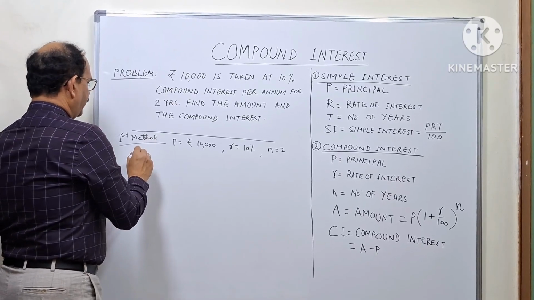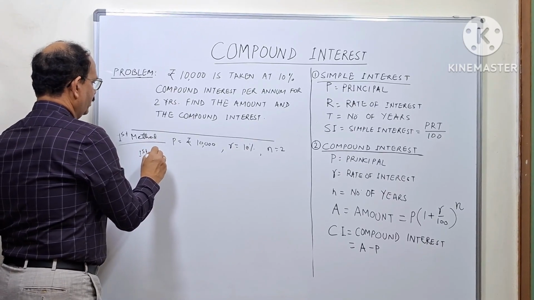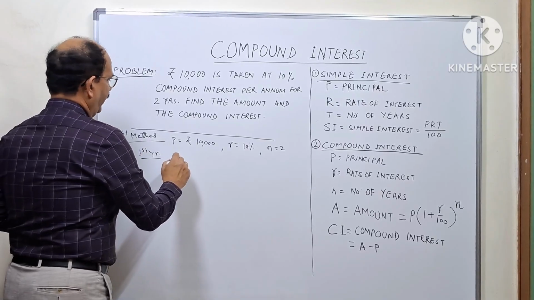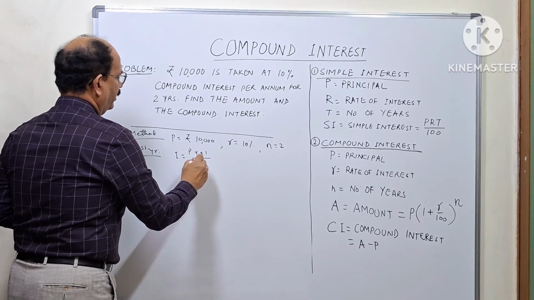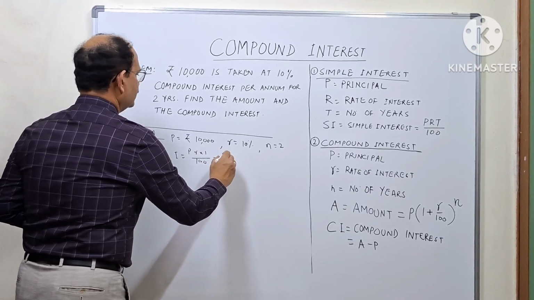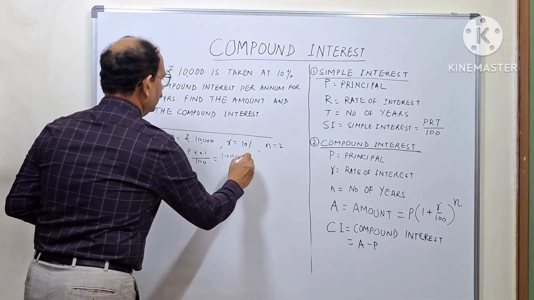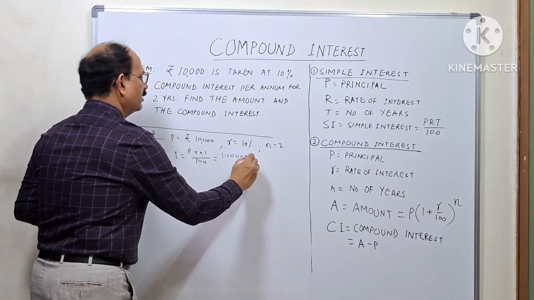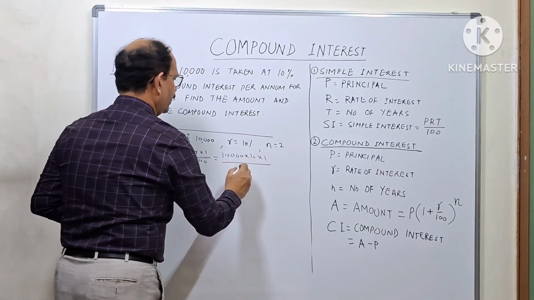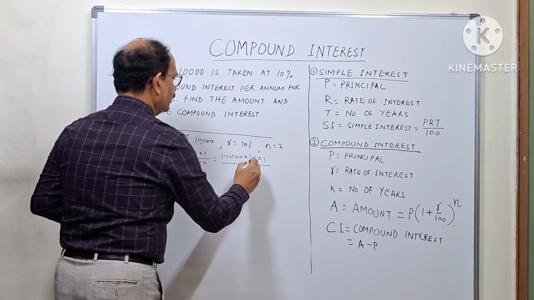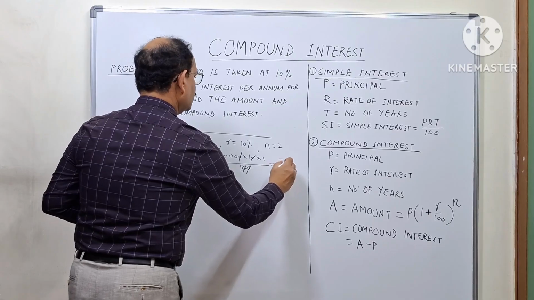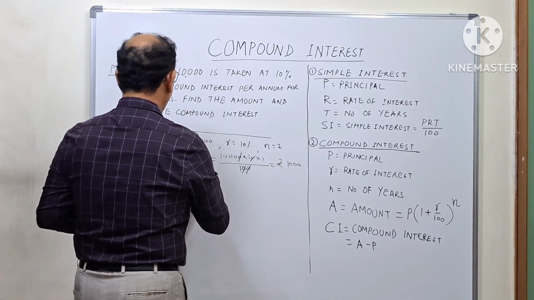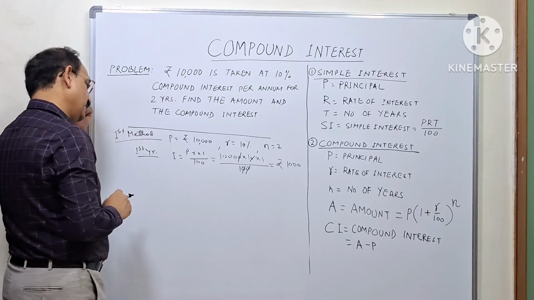So in first year calculation, what will be my interest? P into R into 1 divided by 100. Principal is 10,000 multiplied by R is 10 multiplied by 1 divided by 100. This one cancels, this one cancels. So rupees 1,000 is the interest at the end of first year.